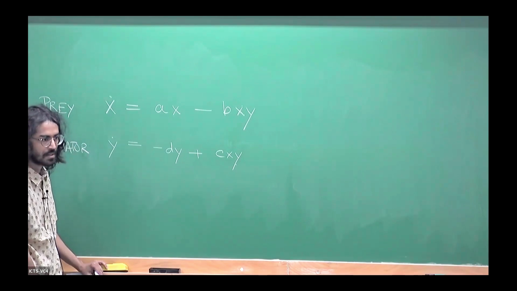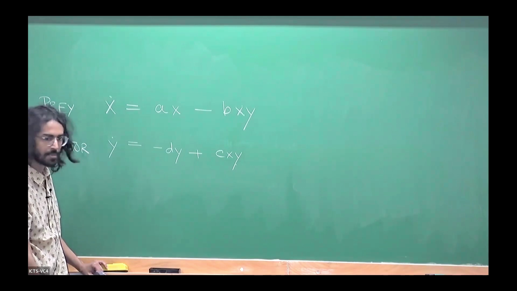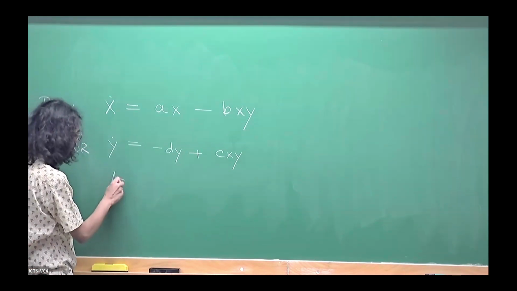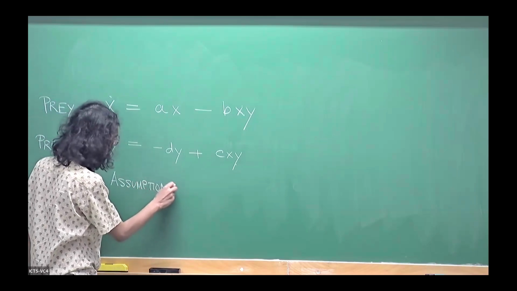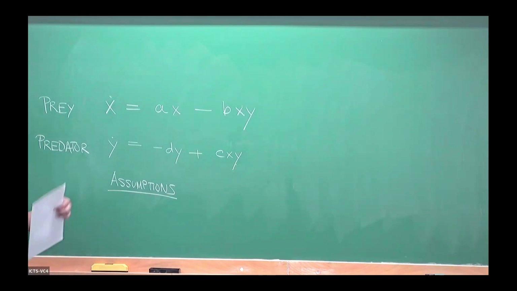In the absence of the predator, the prey would grow. Right, so there are some assumptions that we have about the model that can help us figure it out, right? So let's talk about the assumptions really quick. In any model that we make, we should think a little bit about what assumptions go into it. So what are some assumptions that we're making about these dynamics? Absence of predator, exponential growth.